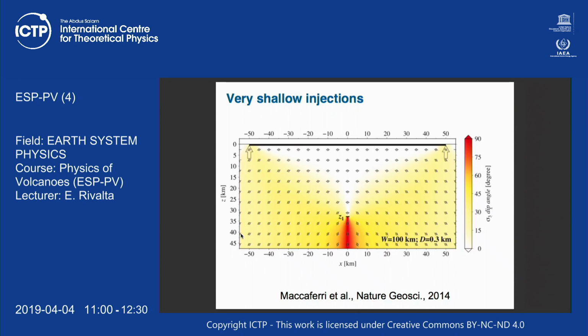Because if you look at this figure, you can see that where it's red, the magma needs to be flat, and when it's white, the magma needs to be vertical. Okay, because the stresses flip. So basically, if you have these graben regions and extension, below this Z1 point, you will have flat dikes.